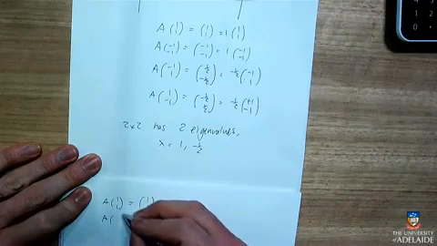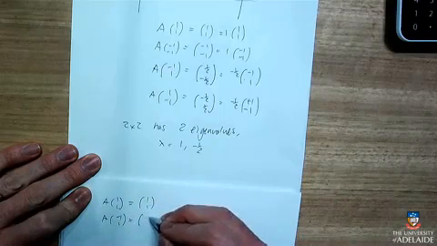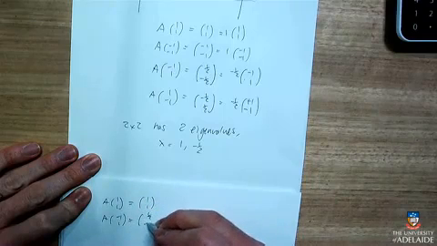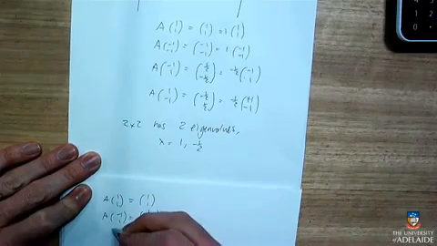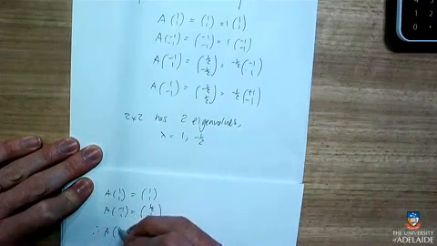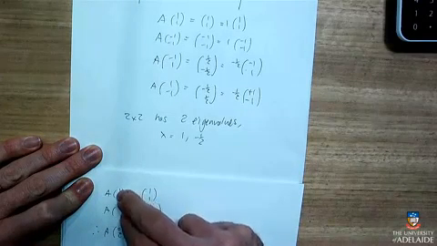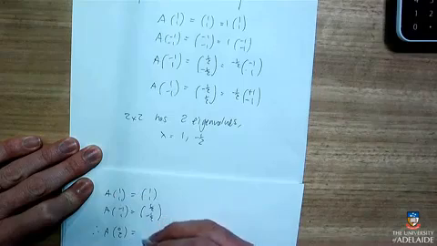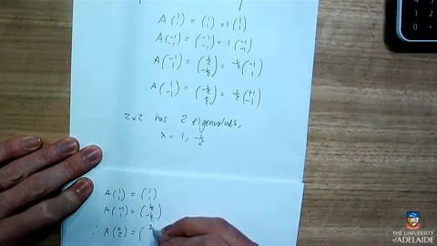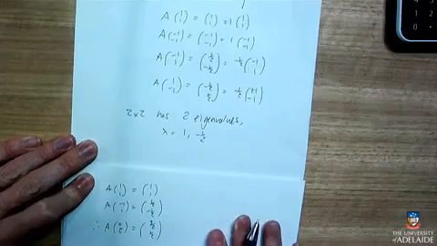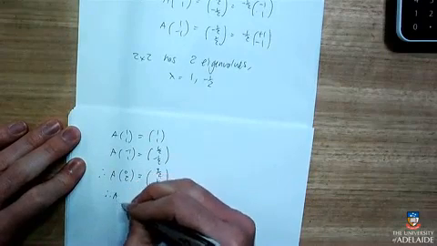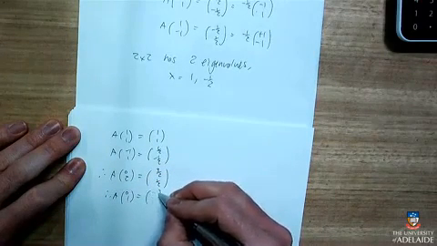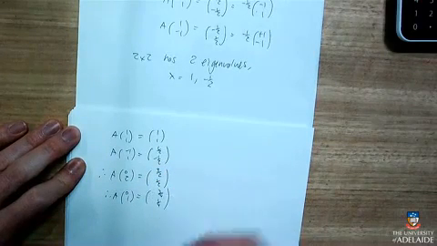A of minus 1, 1 is a half, minus a half. So therefore A of 0, 2, by adding these two, is 1 plus a half, is 3 on 2, is that. And so therefore A of 0, 1 is 3 quarters, 1 quarter.